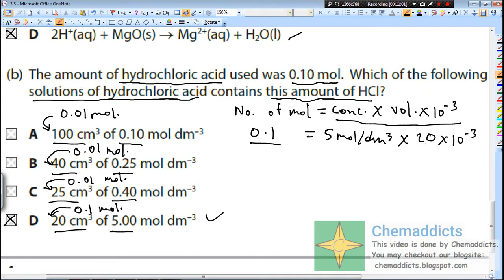Since this 20 volume is in cm cube, we need to convert it into dm cube. So for that we need to multiply this with 10 to the power minus 3. If we calculate, we're going to get 0.1 mole. So this matches with this given value, and that is why D should be the answer.